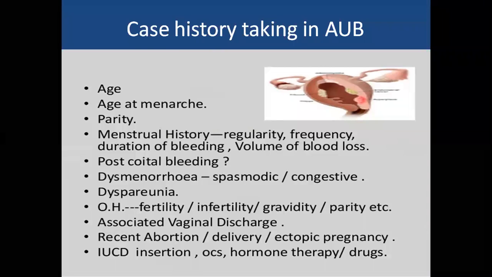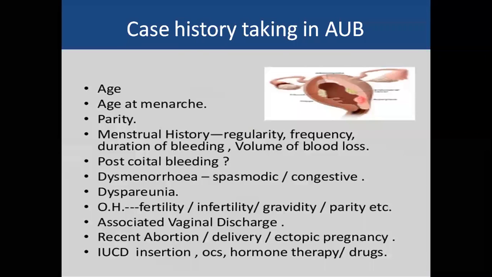The common causes are anovulation, and you should think of clotting disorders, von Willebrand's disease, idiopathic thrombocytopenic purpura, because in 20 to 30% of cases of pubertal menorrhagia, it is due to coagulation disorders.